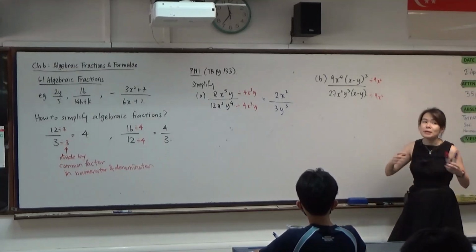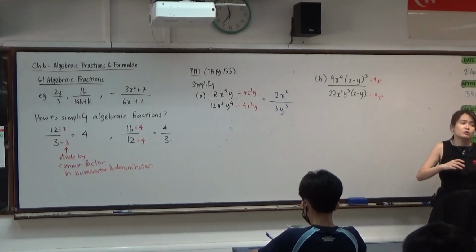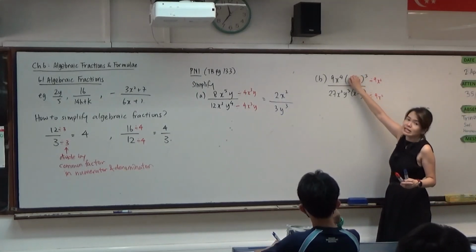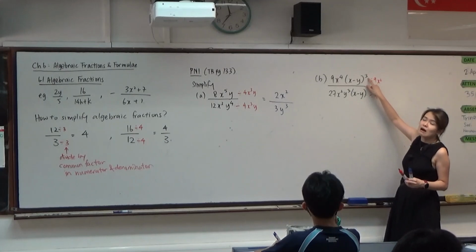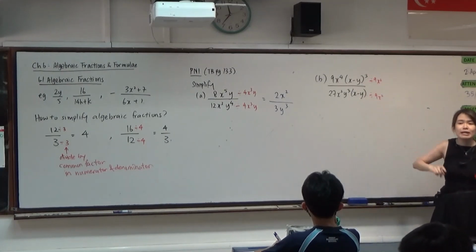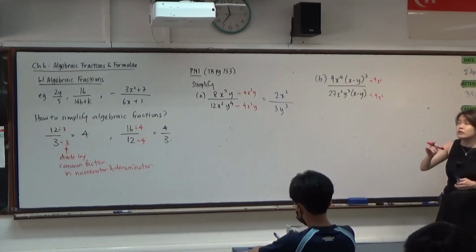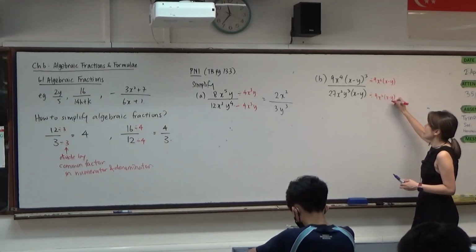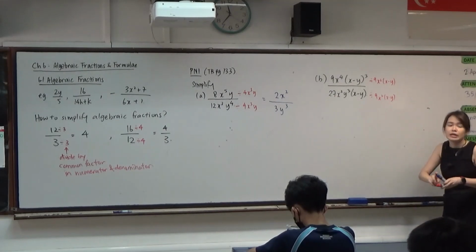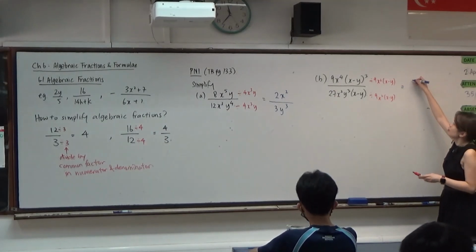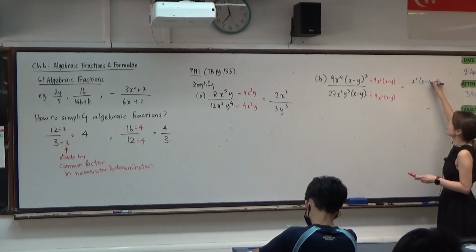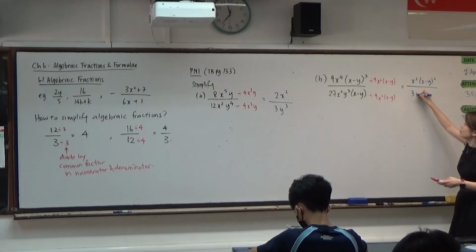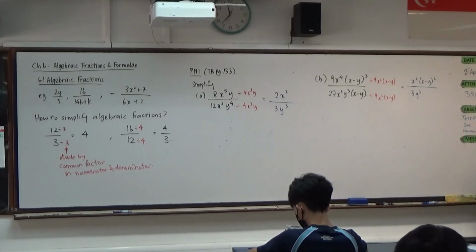So you cannot open it up, you cannot expand it. Expanding is going to be a difficult task also because it's a power of 3. So you need to see this as a set. So x minus y to the power of 3 and x minus y, how many of it are in common? 1 only. So I will get rid of just a single set of x minus y. And that will leave us with x squared, x minus y squared, and then in the denominator 3y cubed. That's all.